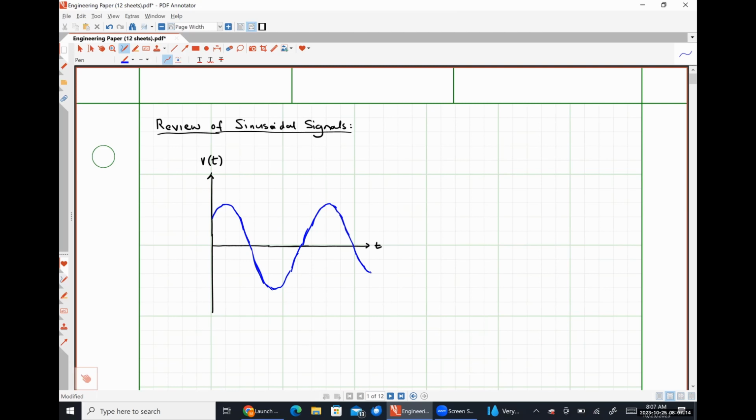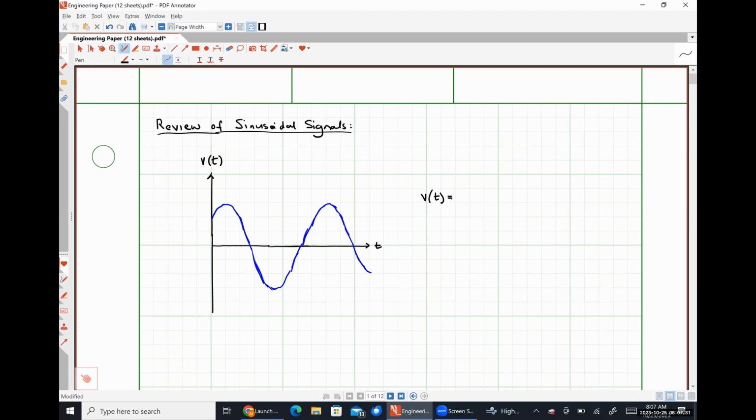So this blue waveform represents our sinusoidal signal, V of t, and I could express V of t in one of two ways, okay?